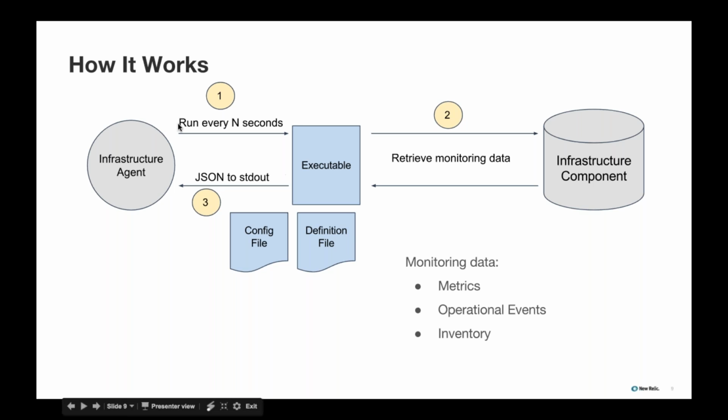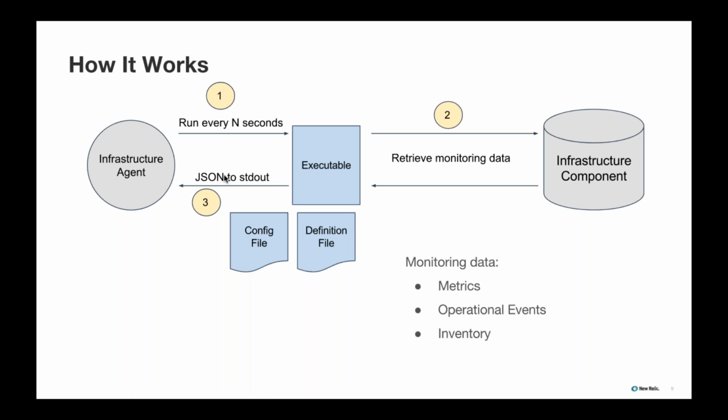And what the infrastructure agent is going to do is it's going to schedule those integrations to run every n seconds. So that is sort of the harvesting period. It runs the executable, and the only thing the executable needs to care of is, okay, I need to connect to some infrastructure component, grab some monitoring data, and I print it to stdout using the JSON format that we have defined.